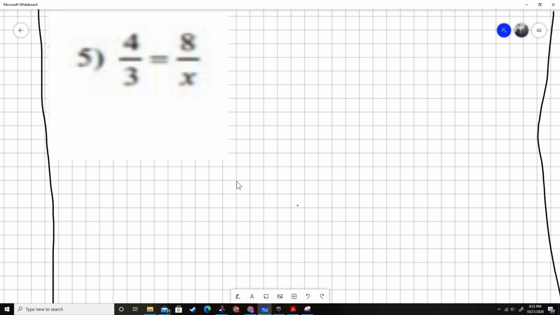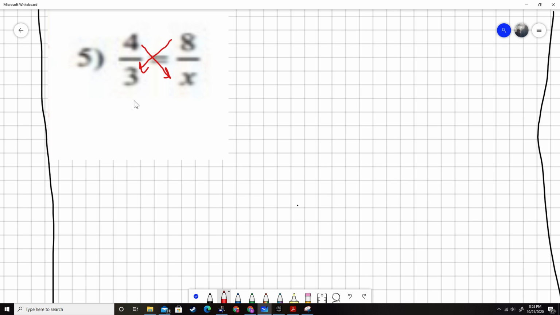This time, number 5 has us with 4 over 3, and it is equal to 8 over x. Just like before, we can cross multiply and solve.